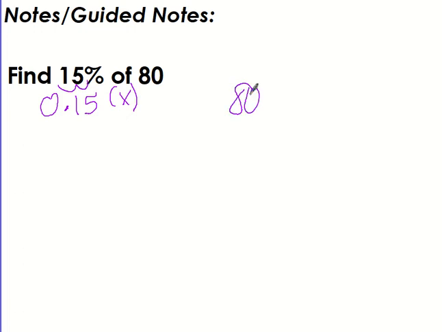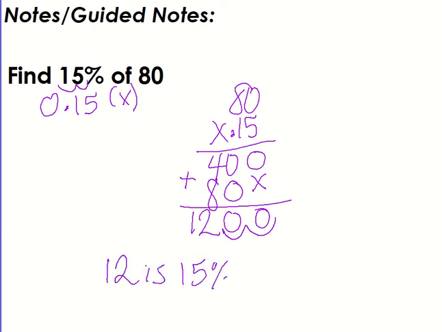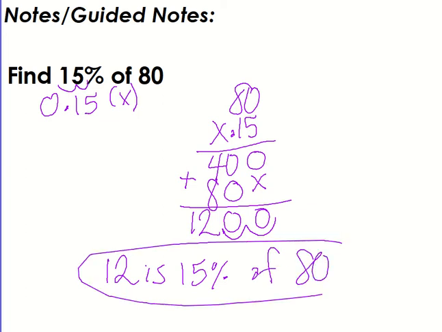So we go 80 times 0.15. So 0.40, and then we move over, and 0.8. And then we're going to add them together. So 12.00, and then 2 numbers behind the decimal. So 12 is 15% of 80. Okay, so there's our final answer.